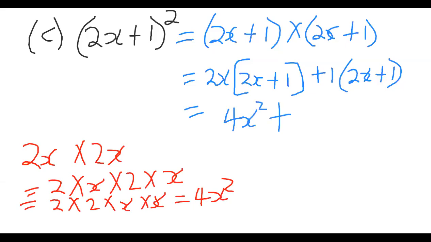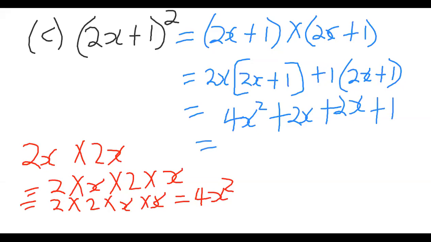Then plus this 2x times the 1 to give me 2x. Then plus this 1 times this 2x will give us 2x. And then finally 1 times 1 will give us 1.